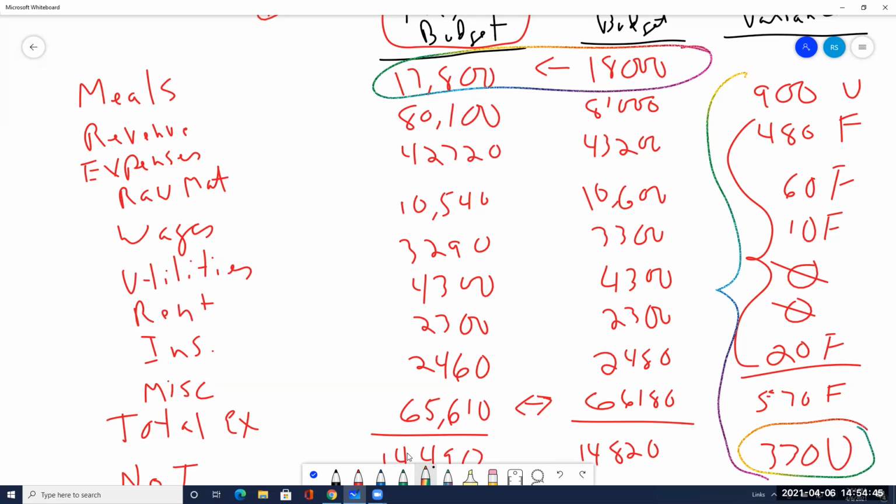And the fact that revenue was unfavorable and all of my expenses were favorable doesn't tell me a whole heck of a lot, because that should all be expected based upon the fact that I didn't do as many meals. So in many ways, this activity variance is okay, but it doesn't tell me a whole heck of a lot. What I want to do is find my revenue and spending variance.